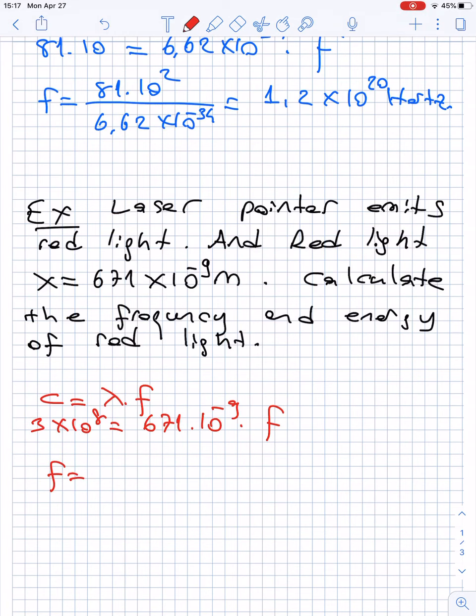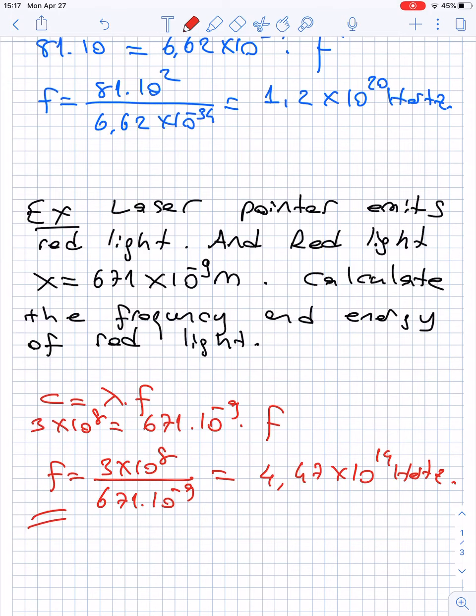After calculating the frequency, 3 times 10 to the 8 over 671 times 10 to the power minus 9, my result is 4.48 times 10 to the 14 hertz.